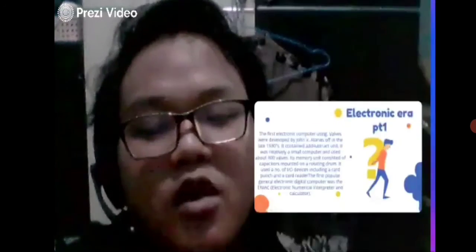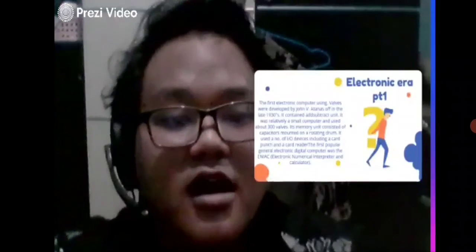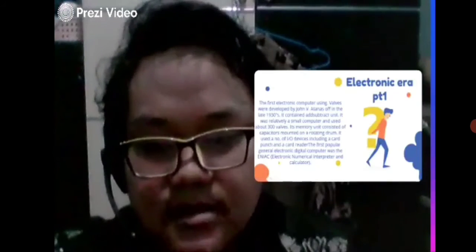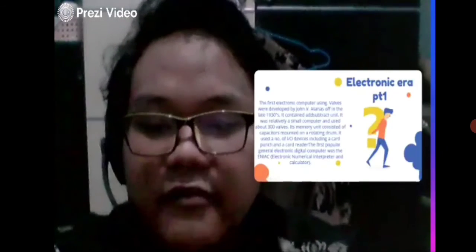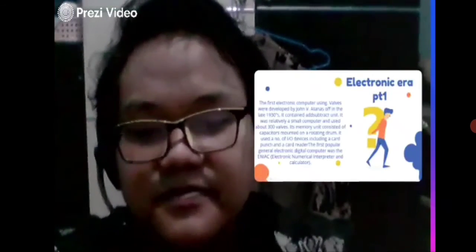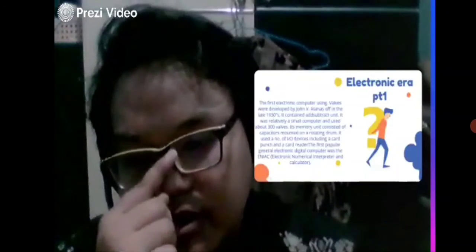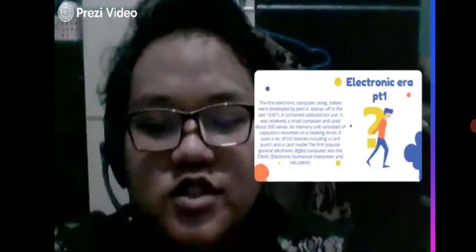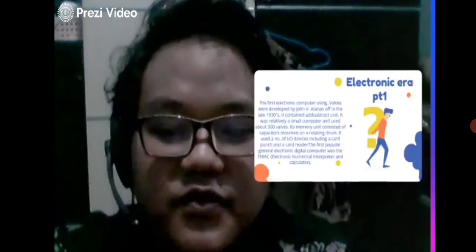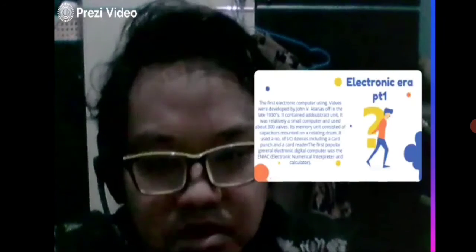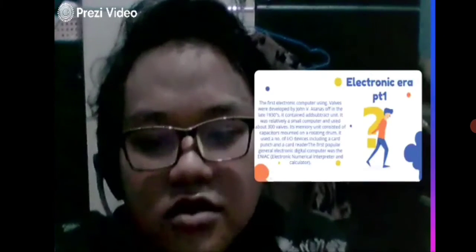Okay, next is the electronic era, part 1. This is the first electronic computer using valves. Valves were developed by John Fleming. It was relatively small and used about 300 valves.